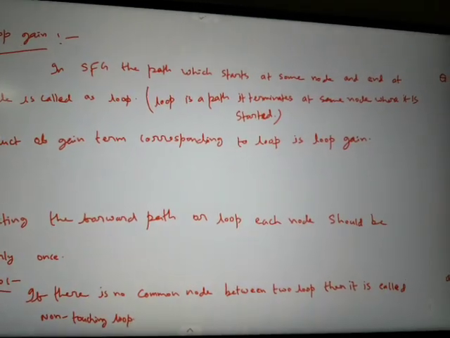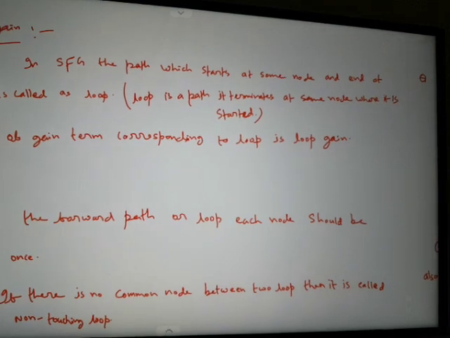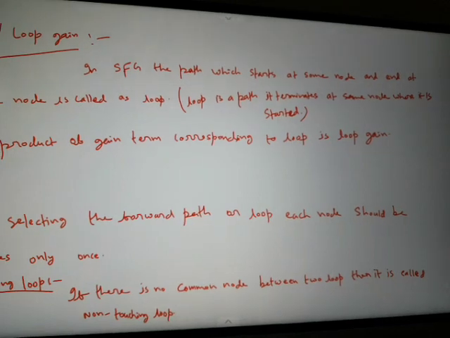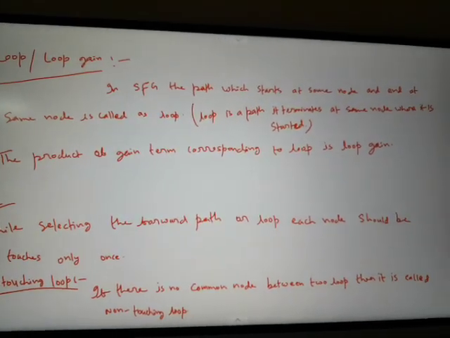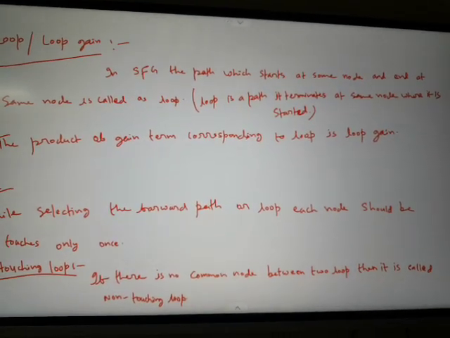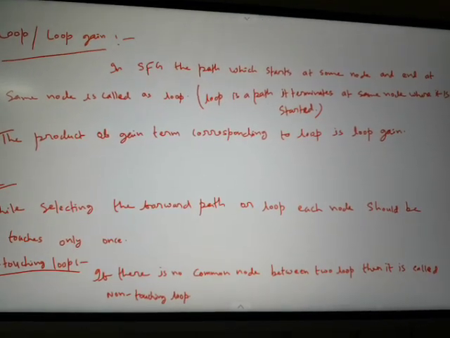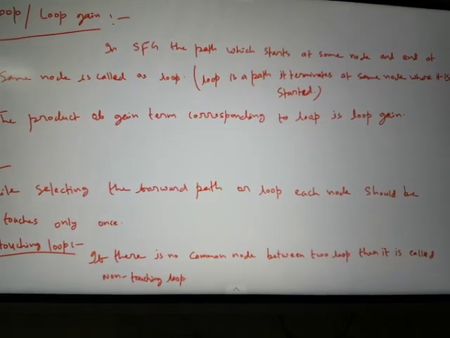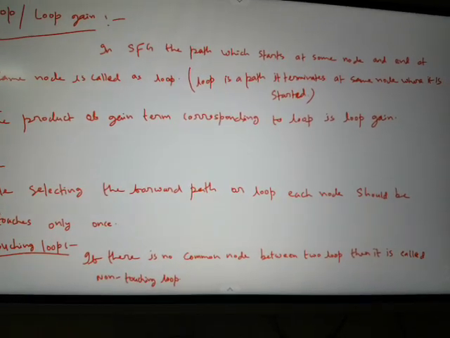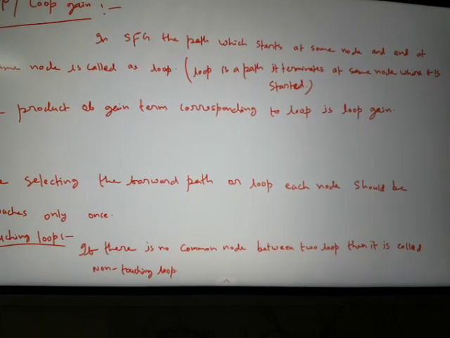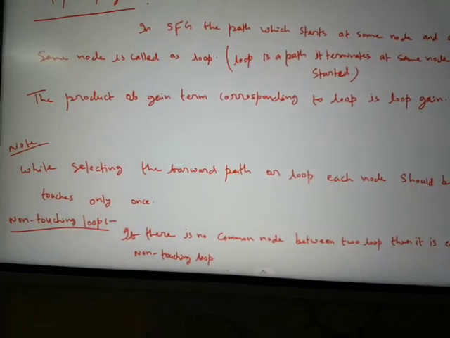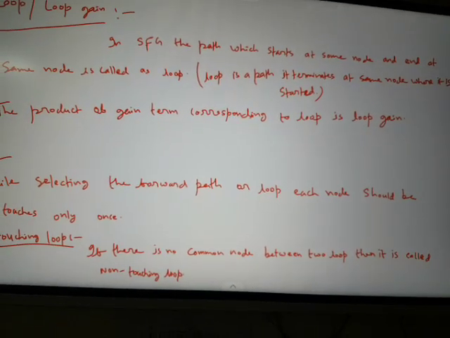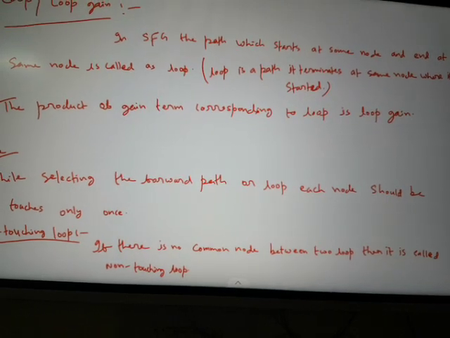Or we can define a loop as a path that terminates at the same node where it started. And what is loop gain? Simply the product of the gain terms corresponding to the loop is the loop gain.